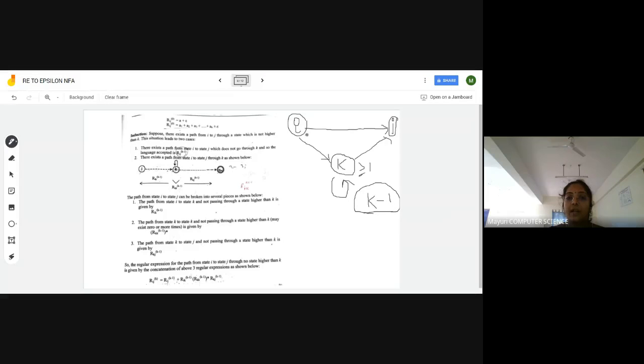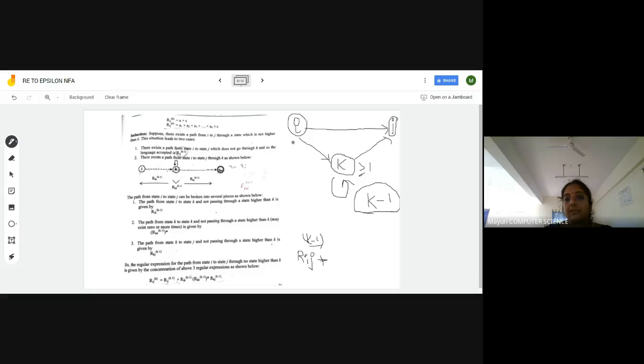Now, how do I travel from I to J? One way is what we have just seen, that is Rij power K minus 1. I am going from I to J through K minus 1 intermediate states, which means I am directly going to J.